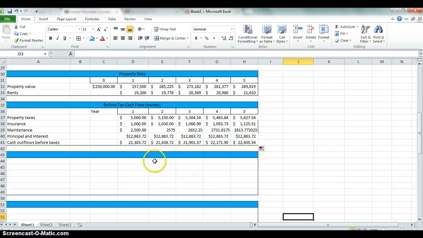Now we're going to go ahead and do a next chart that we will call the tax deductions from owning.